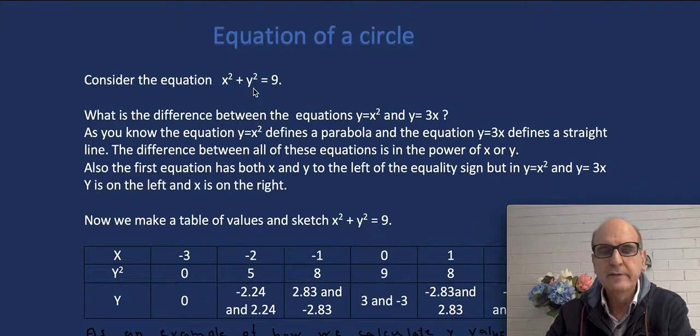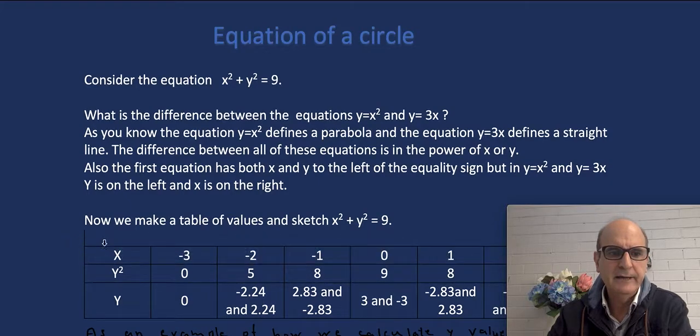As always, we can make a table of values based on the equation and then plot them, connecting them together, which will give us the curve that we have. To do so, let's make a table of values for this.